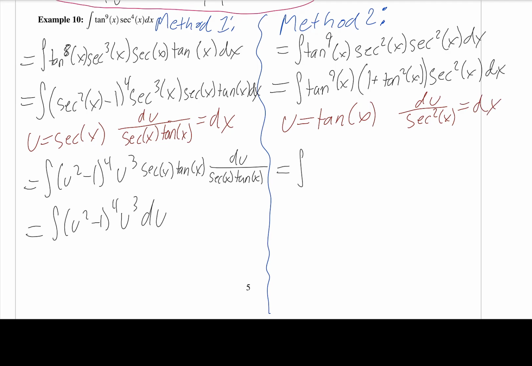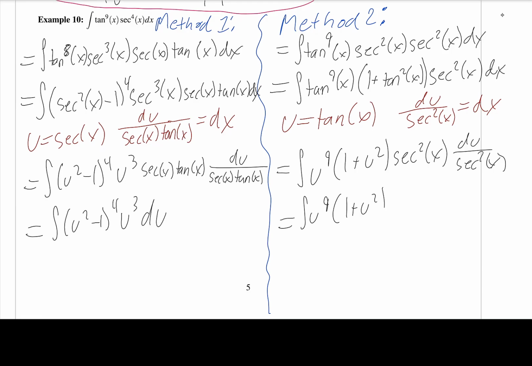So this is the integral of u to the 9th times 1 plus u squared times secant squared of x times du over secant squared of x. These guys cancel, and we get the integral of u to the 9th, 1 plus u squared, du.